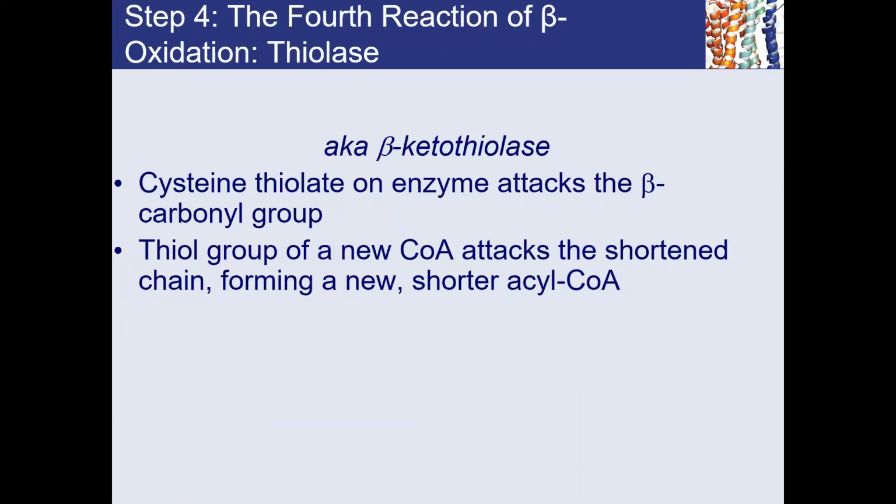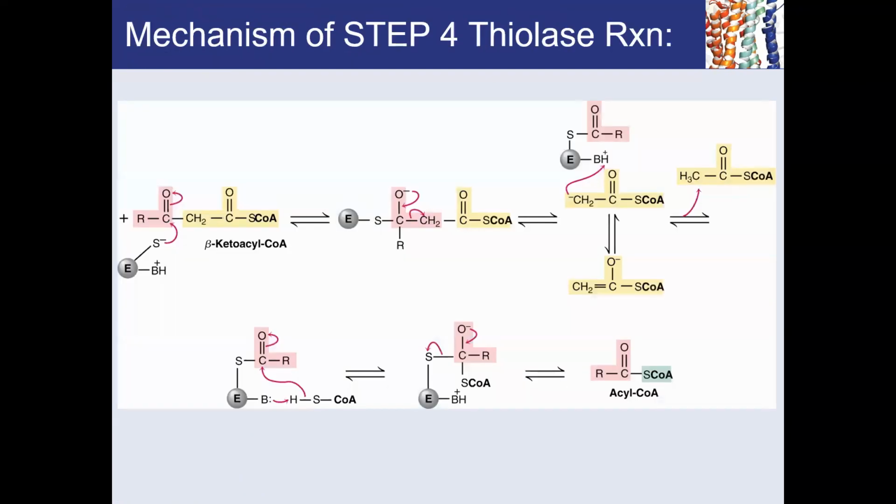The fourth reaction is the thiolase reaction, where I will show you what happens rather than just discussing it. This enzyme thiolase has a cysteine residue in the active site. It will take beta-ketoacyl coenzyme A, right? And imagine that it can attack just like in the chymotrypsin mechanism.